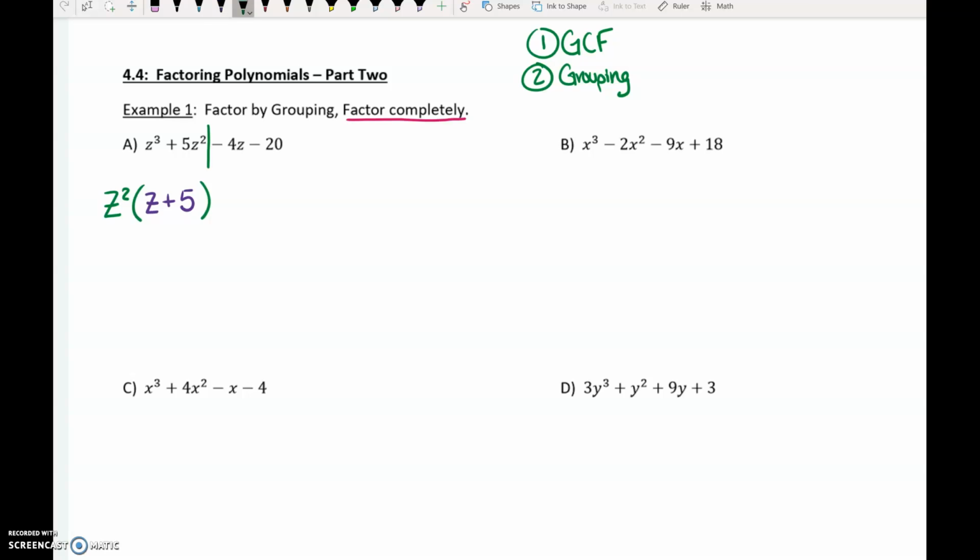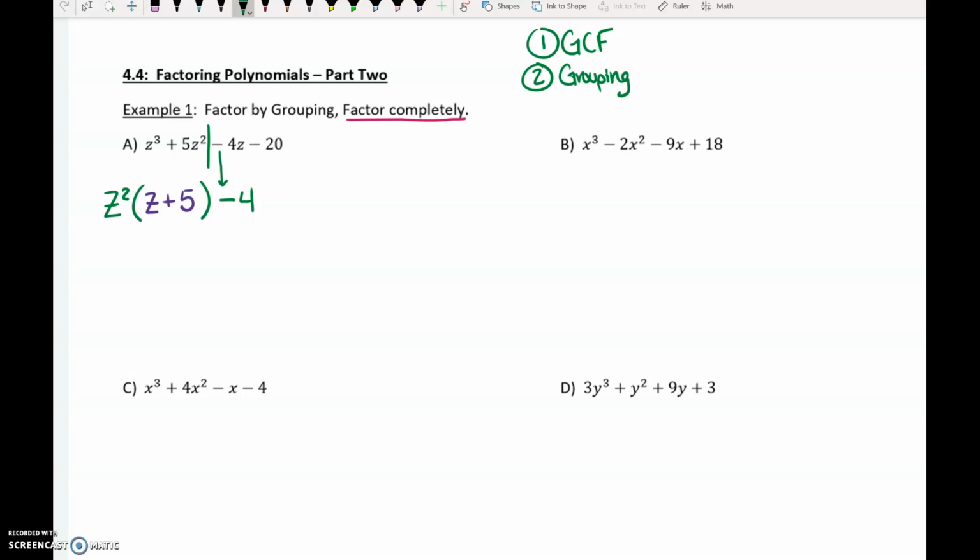Then we go to the second group. A really helpful hint, whatever symbol is in front of the third term, drop that symbol down. What do negative 4z and negative 20 have in common? Negative 4. You can divide both of those things by negative 4.